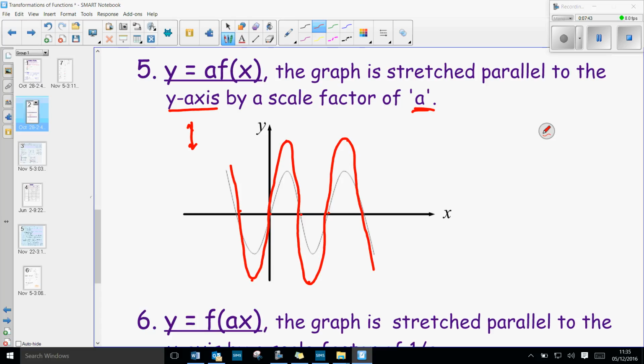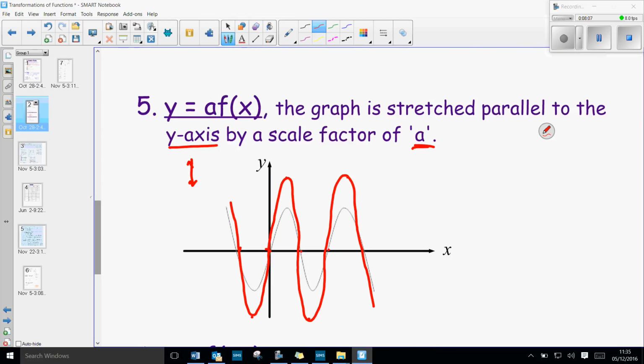You can see that it crosses the x-axis in the same place, but your y values are a times bigger. So this one looks like a would be 2, because it's twice the height. So that's if the a is in the front.